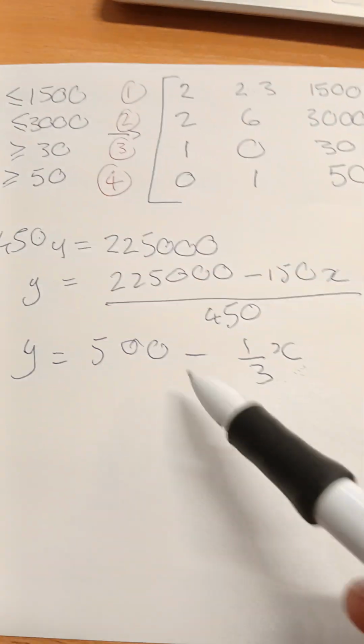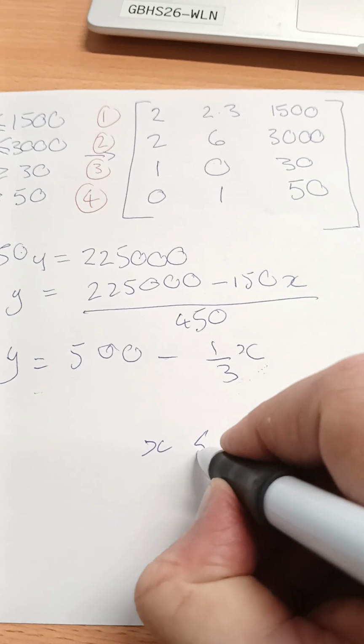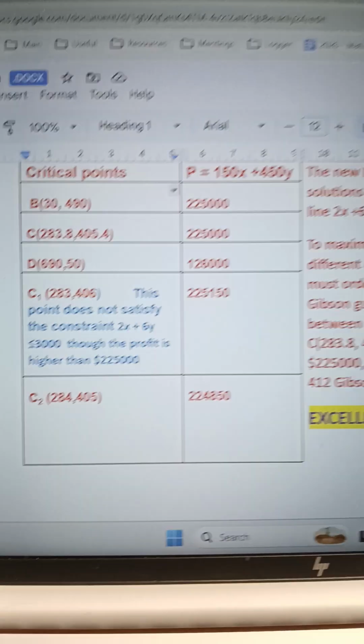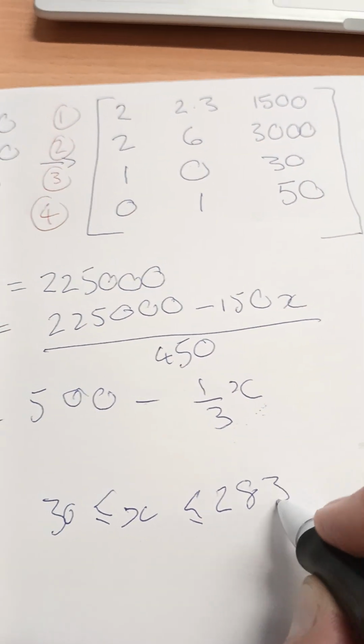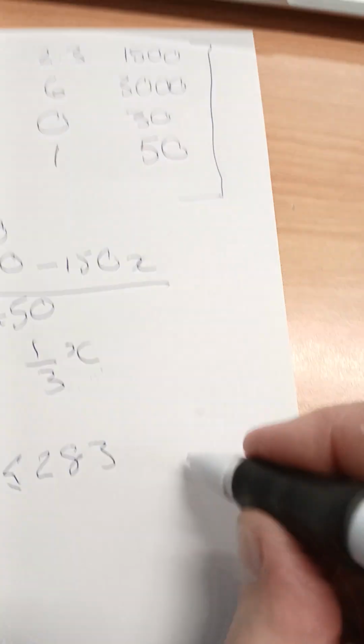If you do it this way, you would say that x is between 30 and 283, and divisible by 3.